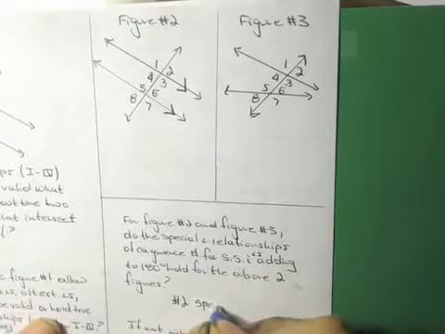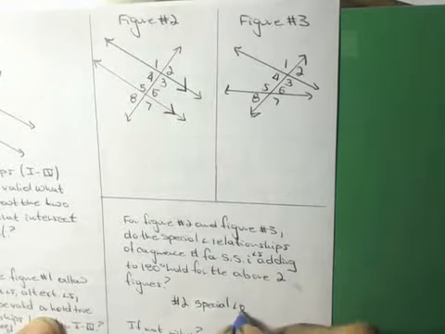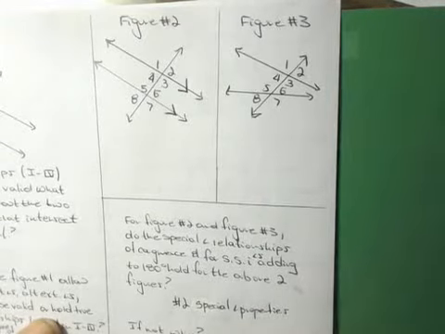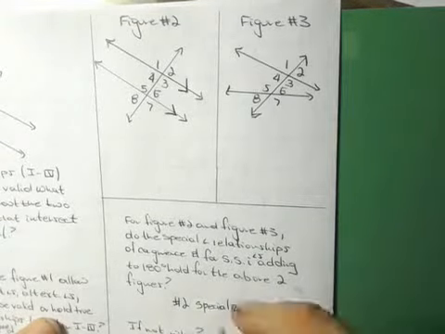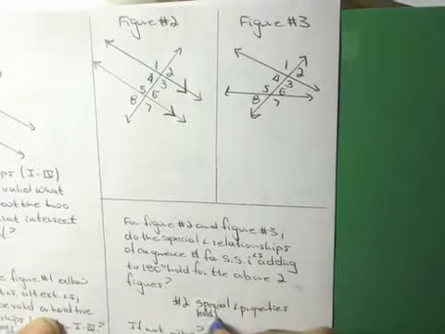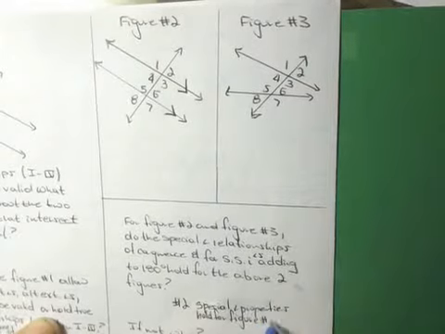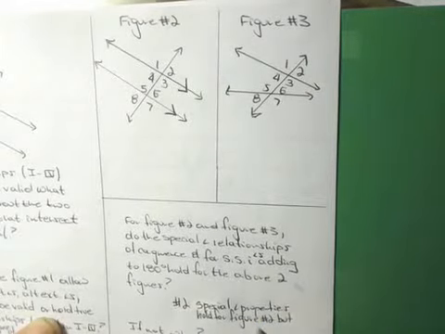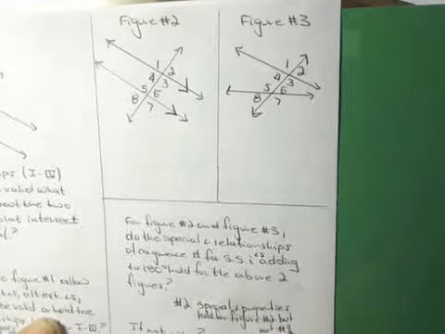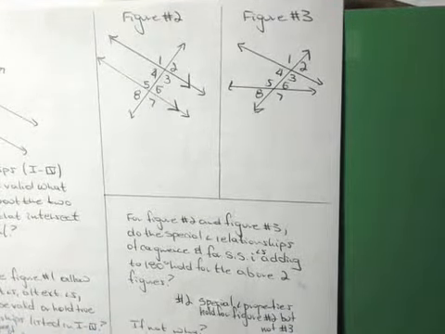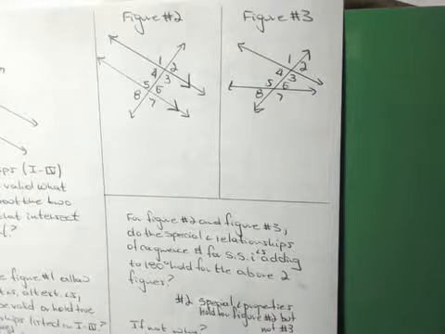So special angle properties hold for figure number 2, but not number 3. And when we say special angle properties, we're saying the special relationships in which the angles will be equal to each other with the angle pairs.